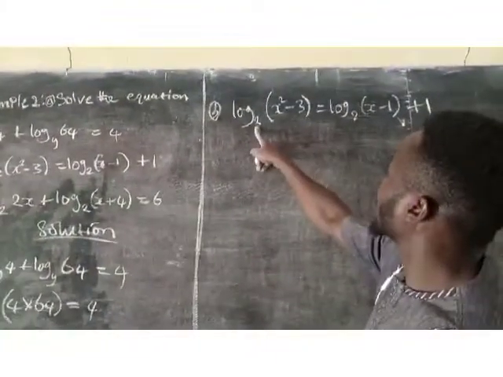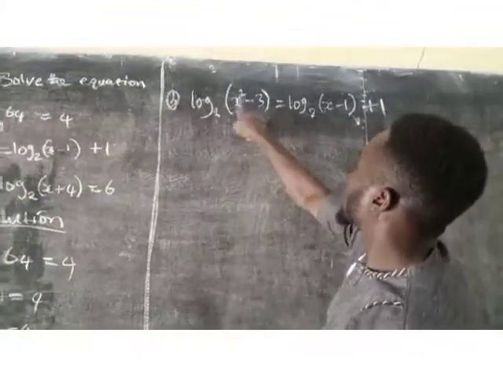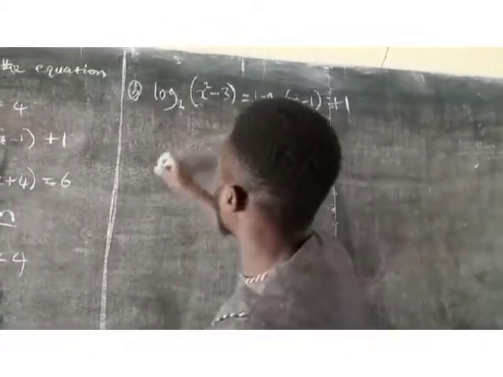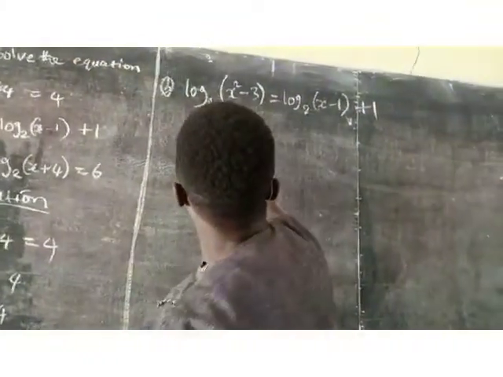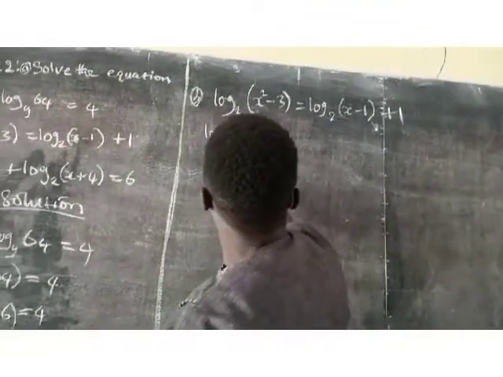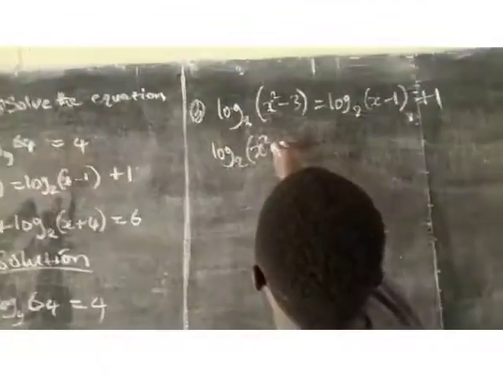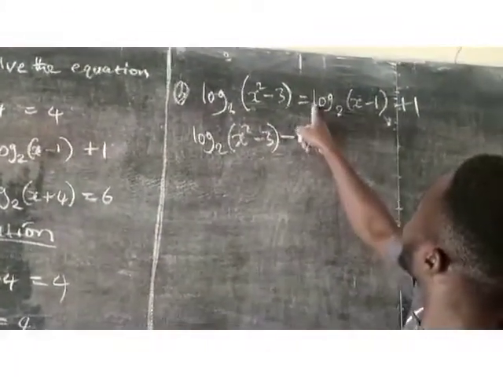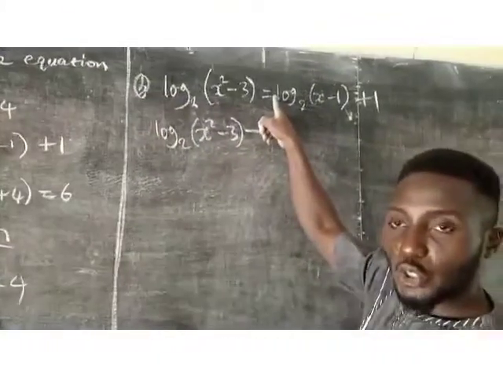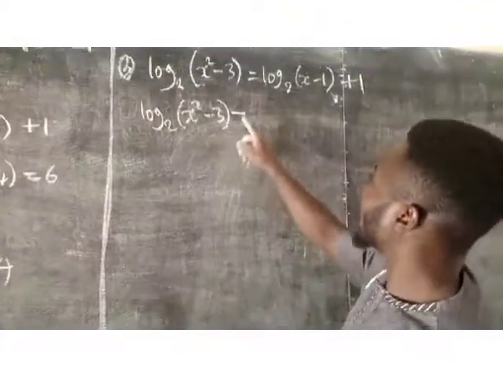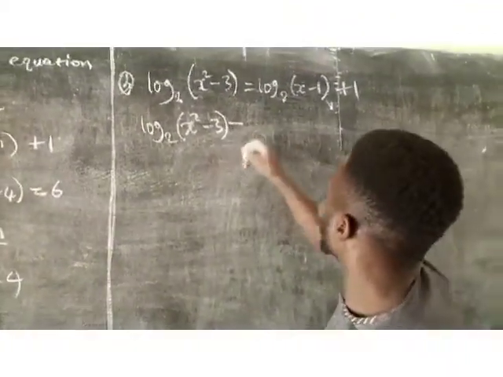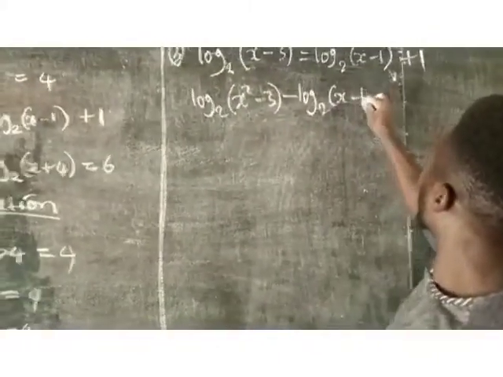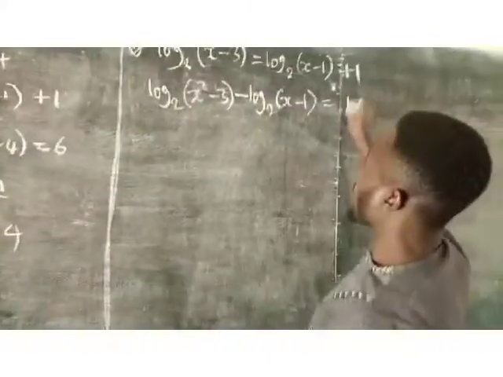We have log 2 of x squared minus 3 minus log 2 of x minus 1, equal to 1. When you bring it to the other side, it turns to negative.